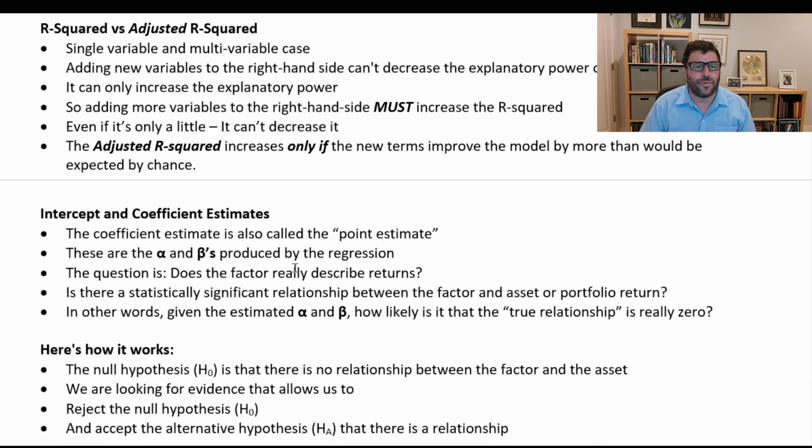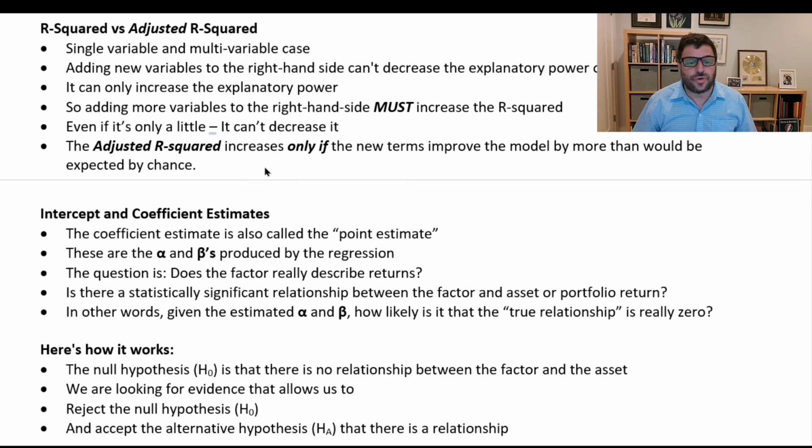One more thing, when we have multivariate regressions, with multiple variables on the right-hand side. If I add a new variable to my regression, I can't decrease the explanatory power. It might do nothing, although that's unlikely. Just by random chance, it's going to explain a little bit more of the variation. And so adding new variables can only increase the explanatory power of my model.